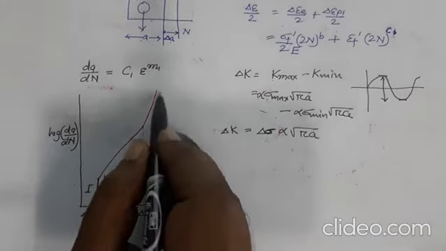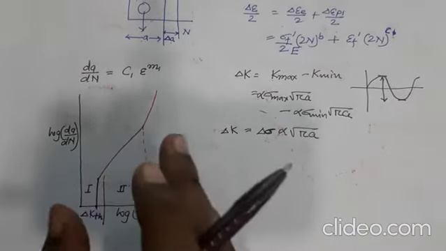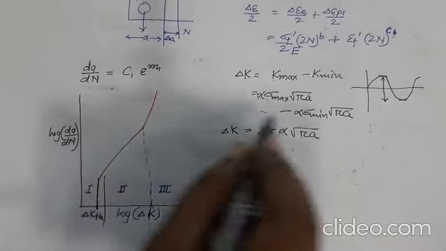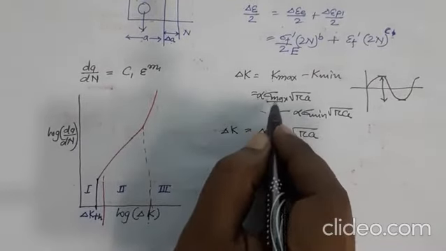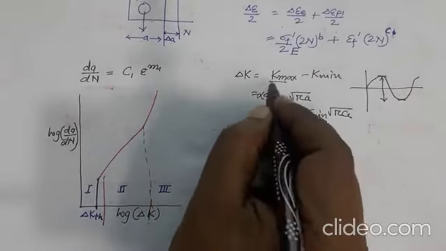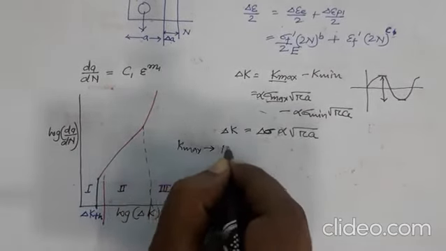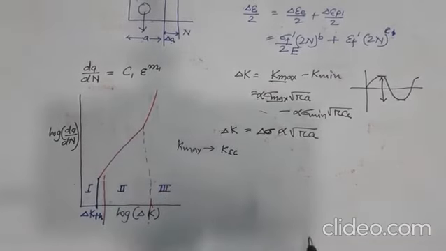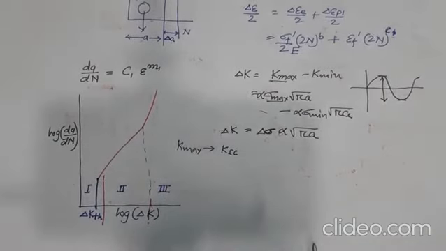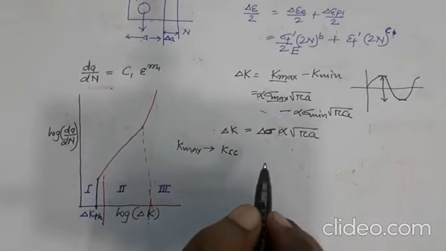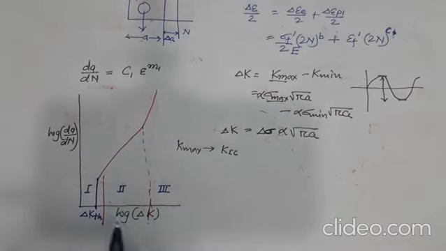And in region 3, what happens is that the crack becomes catastrophic. And usually in region 3, this sigma max or K max reaches close to the fracture toughness of the material, K1C. So the meaning of this is that in the third region you are applying such a high stress, because we are increasing in the x-axis which is delta K, right?